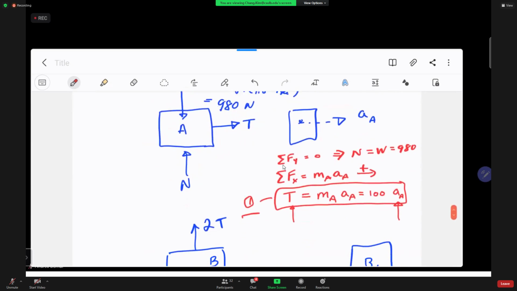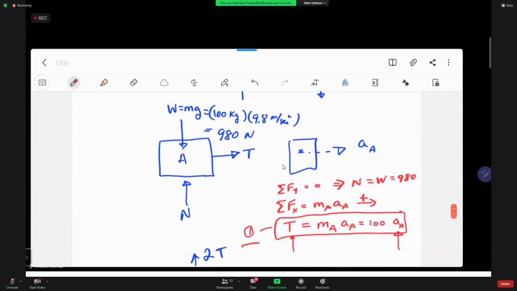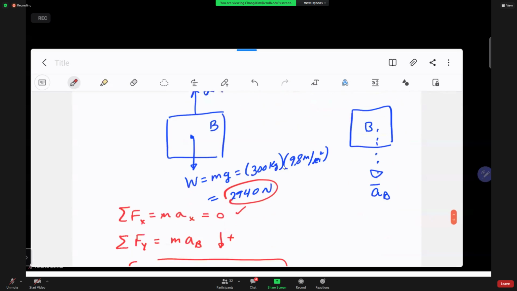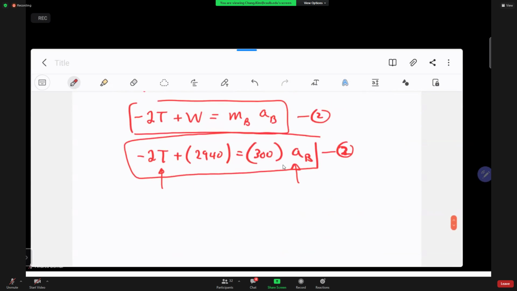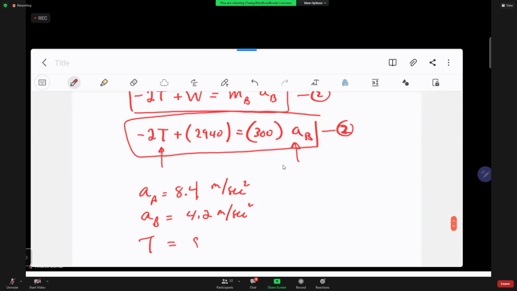Once you solve all 3, your solution is going to come out as: aA is going to be 8.4 meters per second squared, aB is going to be 4.2 meters per second squared, and the tension in this case came out to be 840 newtons.